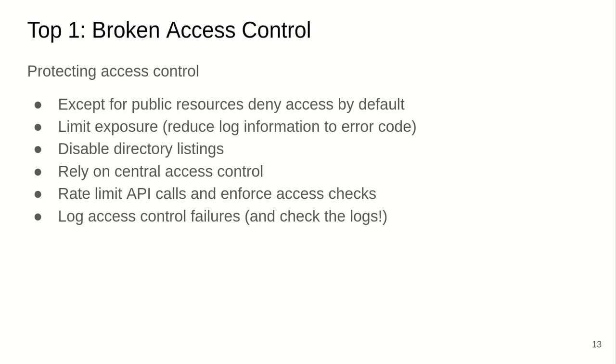You should disable directory listings, rely on central access control to keep track of the settings, and ideally rate limit API calls and enforce access checks in each individual API. And then in addition to that, you need to log access control failures and actually check the logs periodically to see if somebody is trying to escalate their access or is actually successfully able to do so.